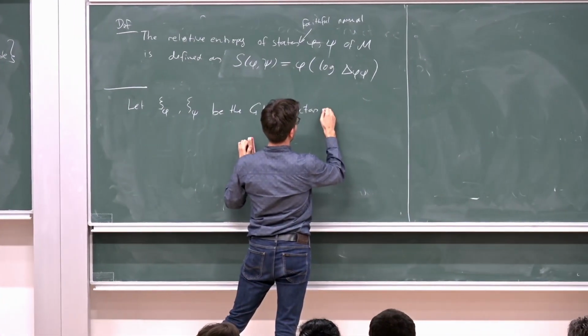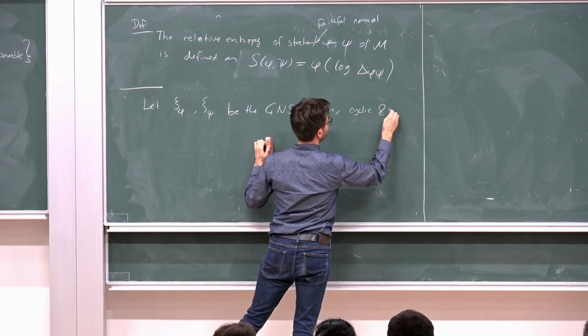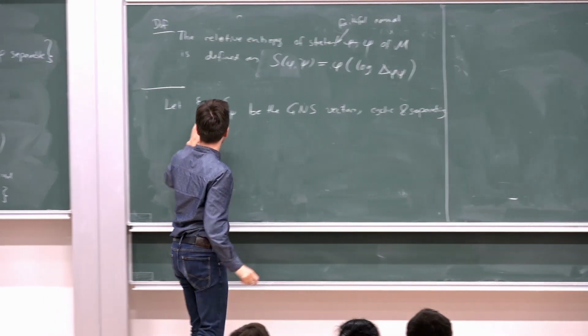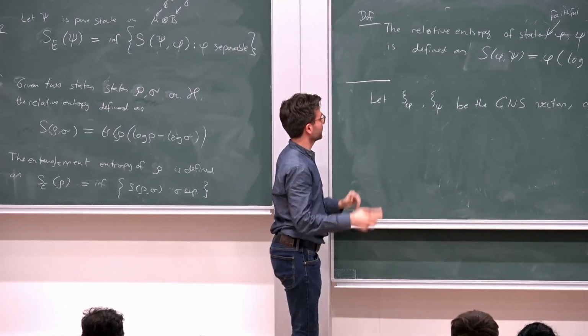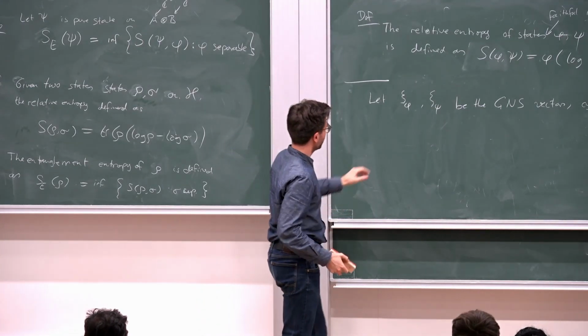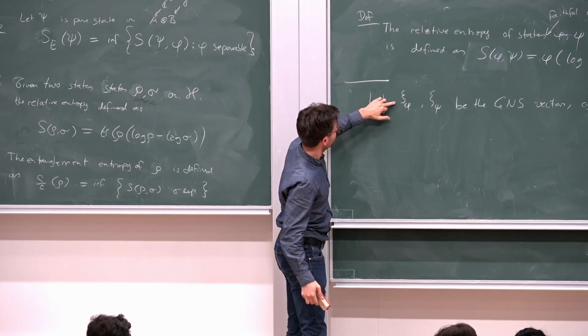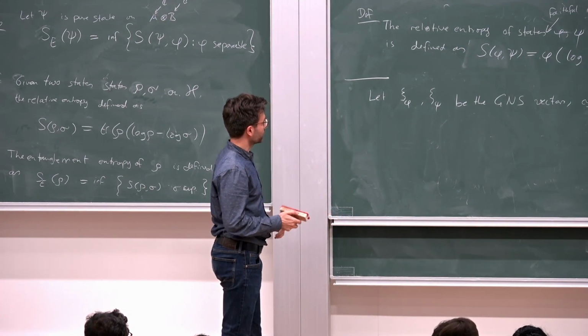So these are the GNS vectors. I said they are cyclic and separating. Cyclic means if I multiply this by the von Neumann algebra, I get the total GNS Hilbert space. Separating means if I apply an operator to this vector, I get zero only if that operator is zero.